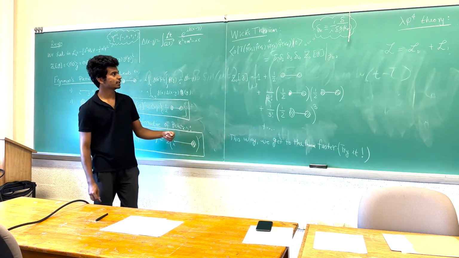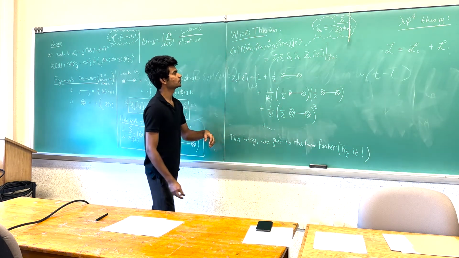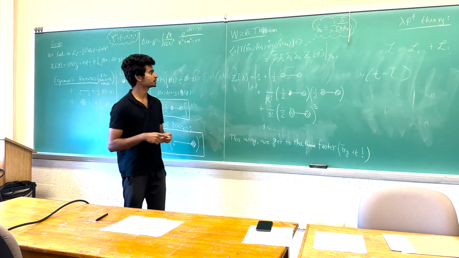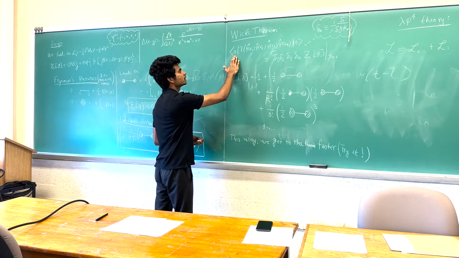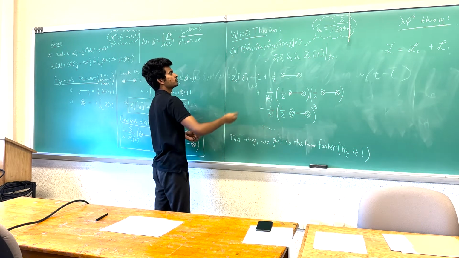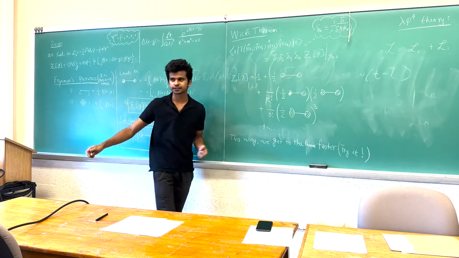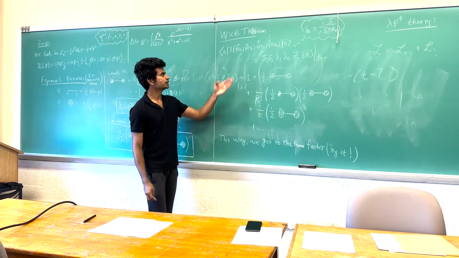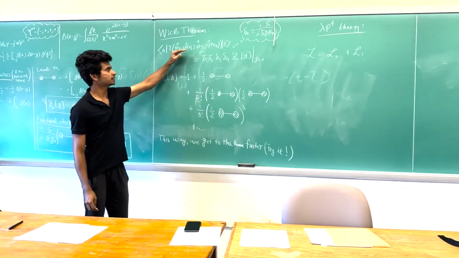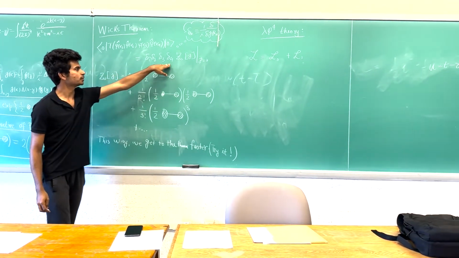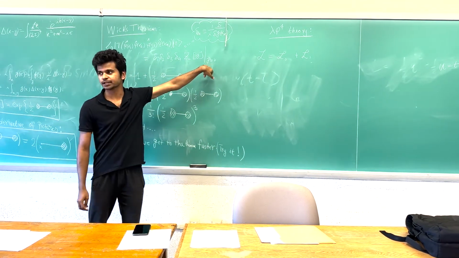Then we derived Wick's theorem for a 4-point correlation function, which is just the time ordered expectation value of 4 field operators at different points. So this is equal to, by definition, delta 1, delta 2, delta 3, delta 4 on Z0, and in the end we set J equal to 0.